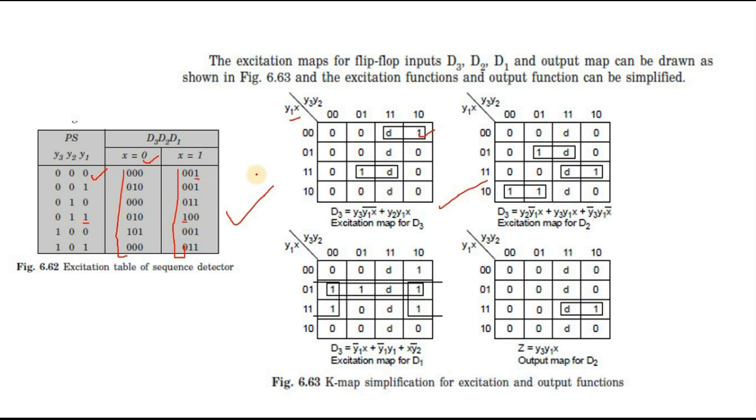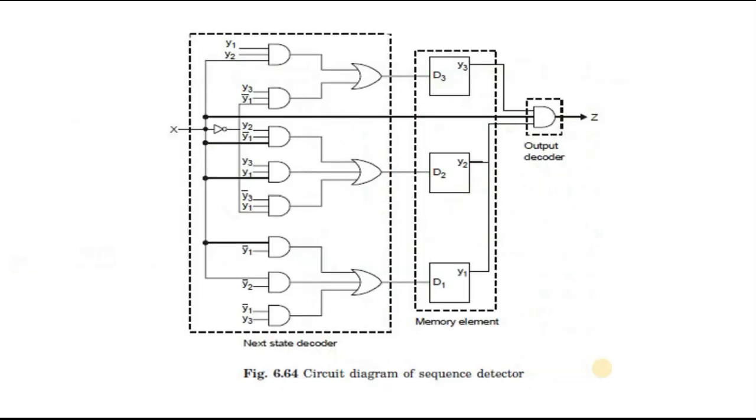So 0 1, this is the digit corresponding to it. Okay, so like that you need to build the excitation map for D3, the excitation map for D2, for D1. Once you find these algebraic expressions, you need to draw the sequence detector circuit.